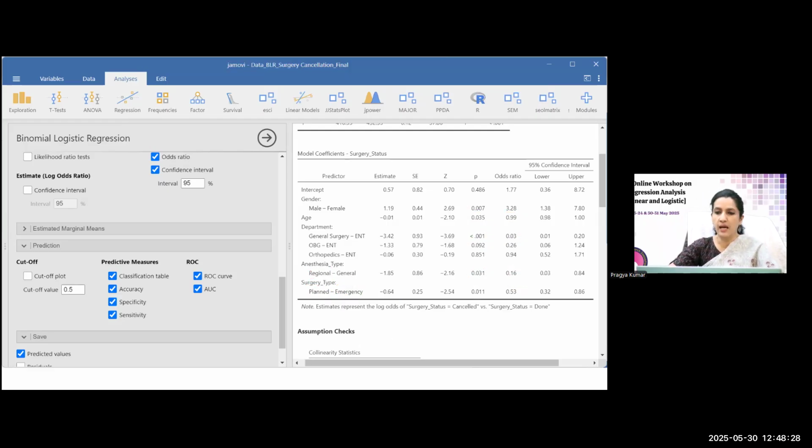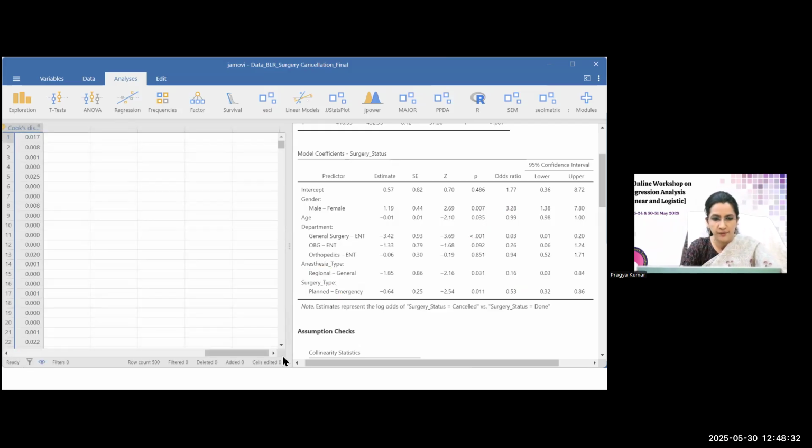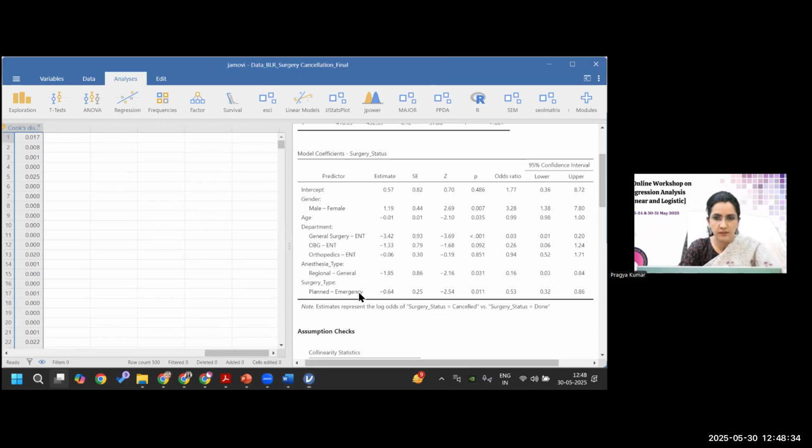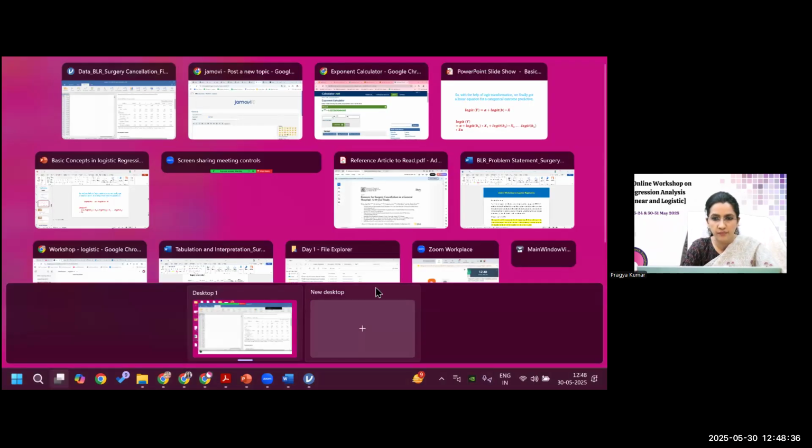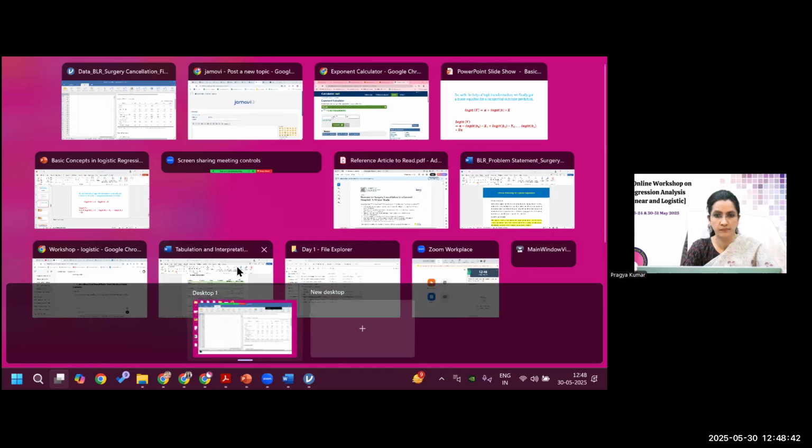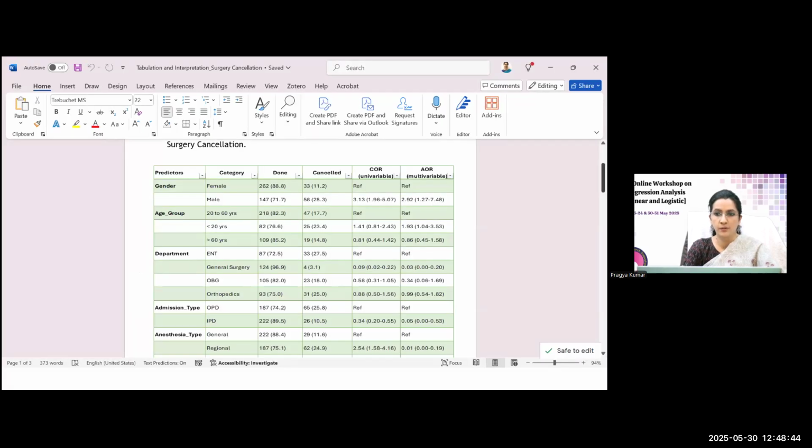So how to report this? So you can see, this is okay. I have told you the adjusted. Now there is unadjusted.